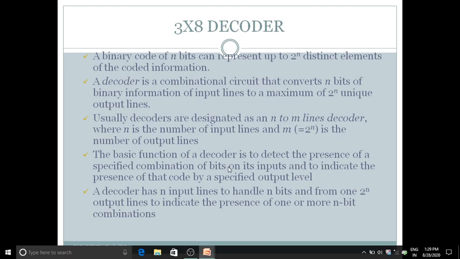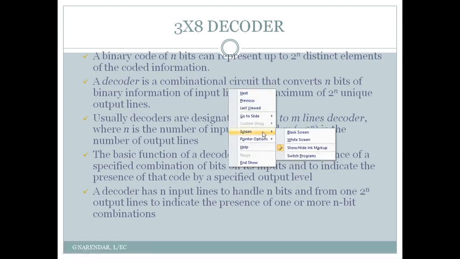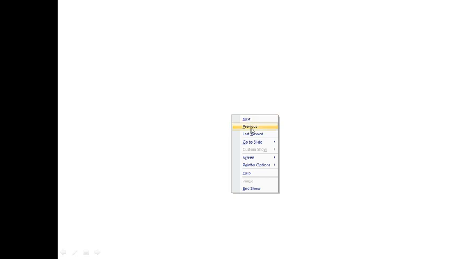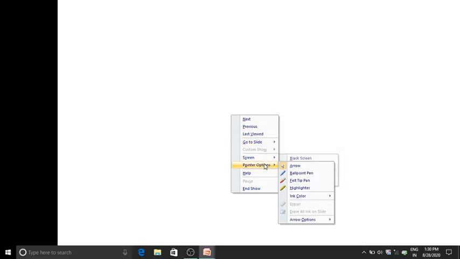So here we can show that if we have a 1 bit code, then we have two distinct elements, 1 and 0.